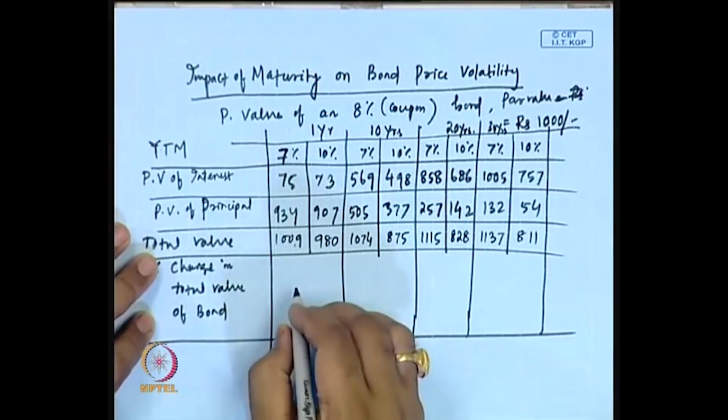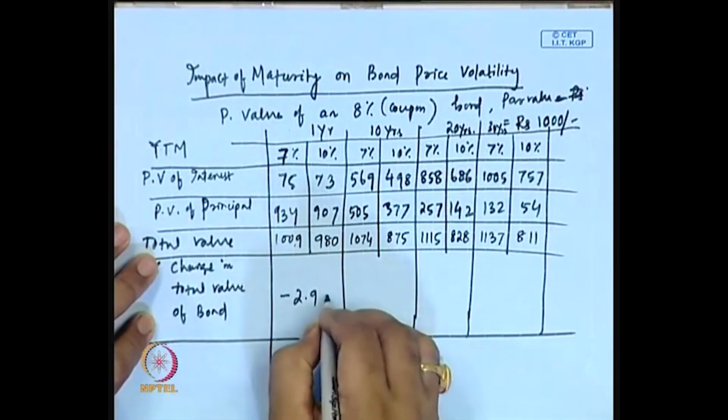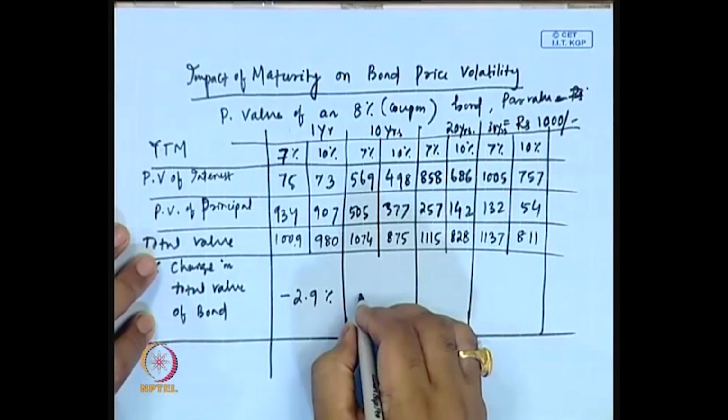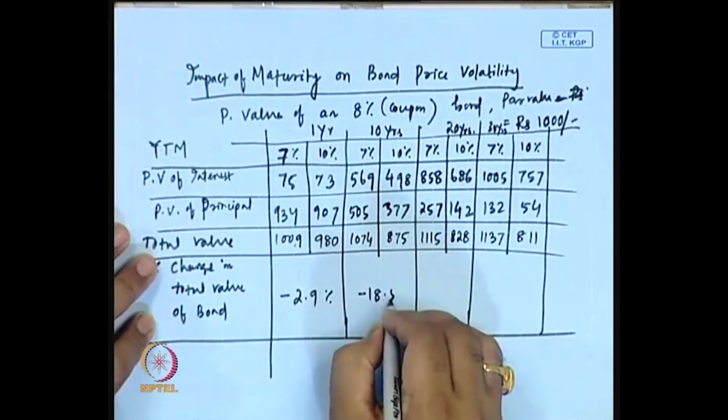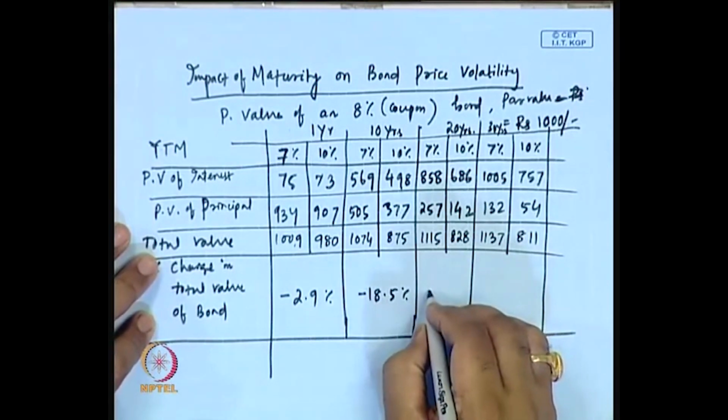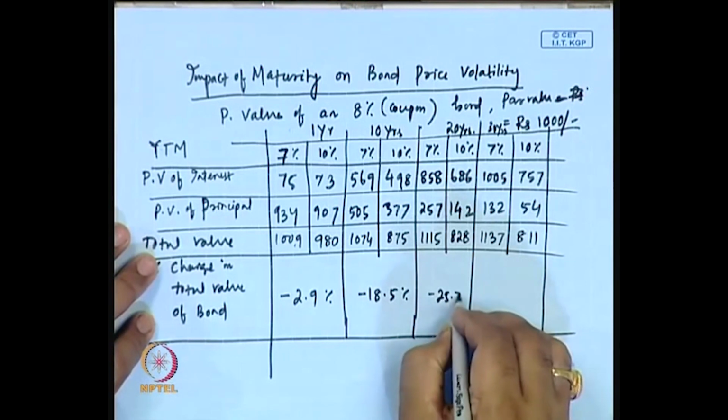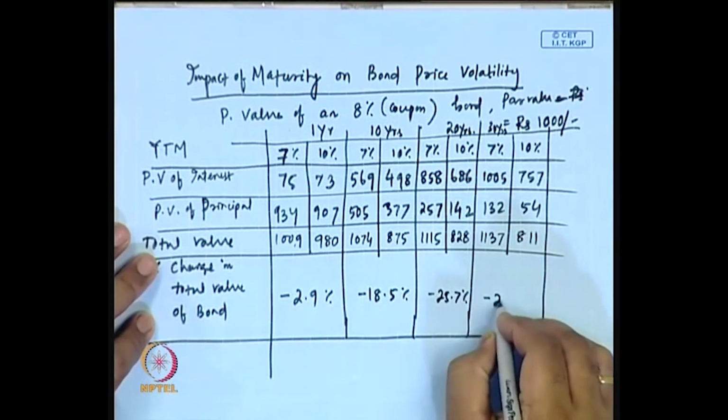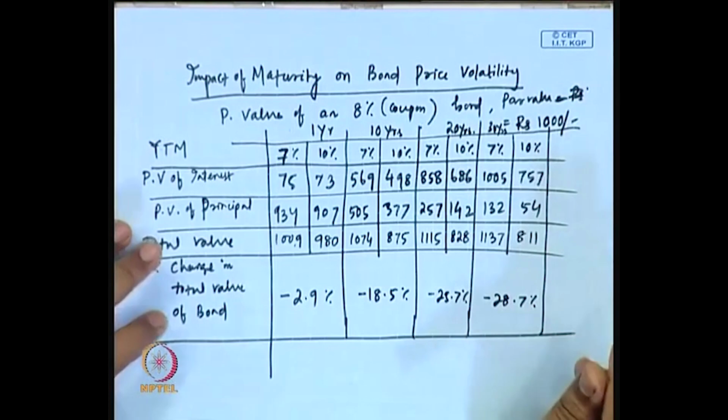What we have observed is the change is minus 2.9%, here minus 18.5%, here minus 25.7%, here minus 28.7%.